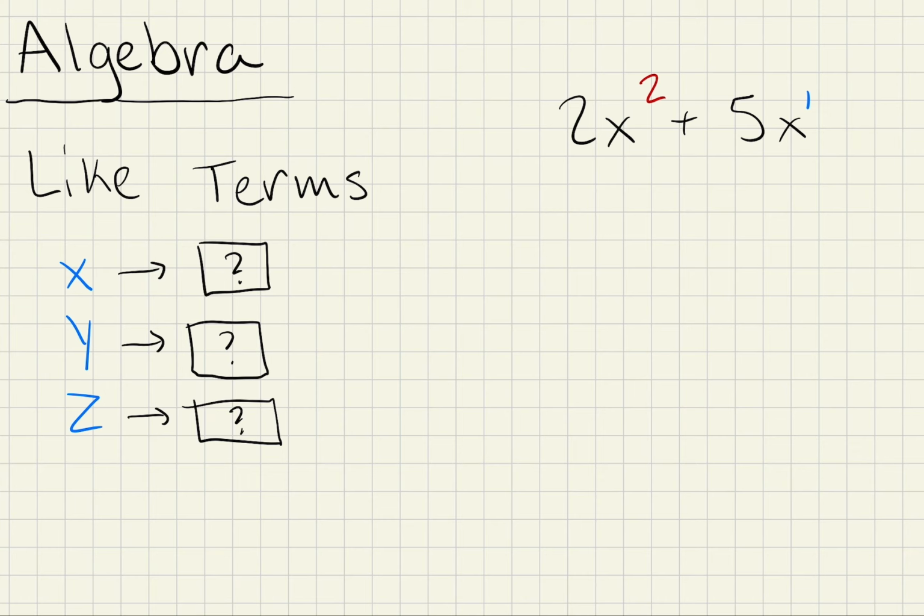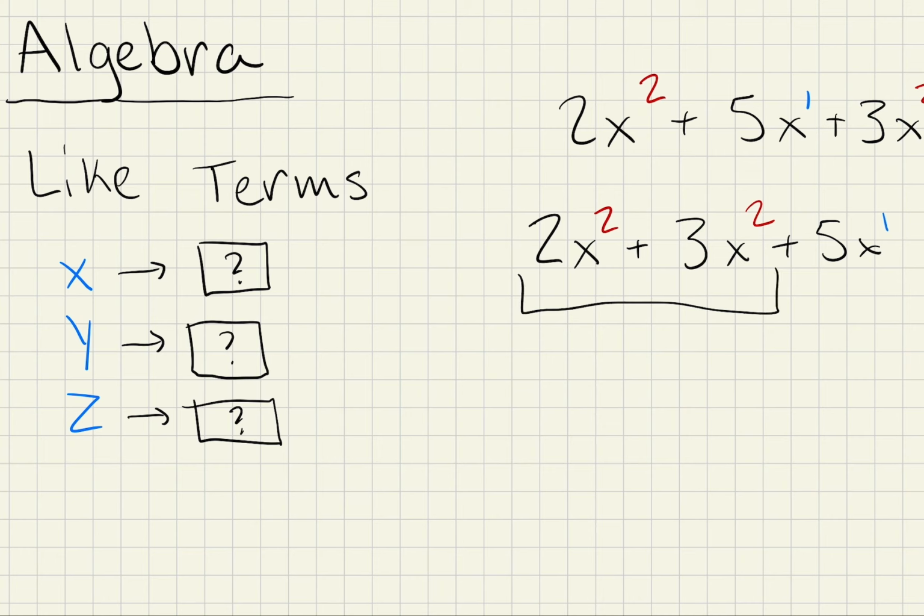So because these numbers are different from each other, we can't add these two terms together. However, if we add another term, for example, 3x squared, we can add those like terms. So 2x squared plus 3x squared plus 5x to the first.